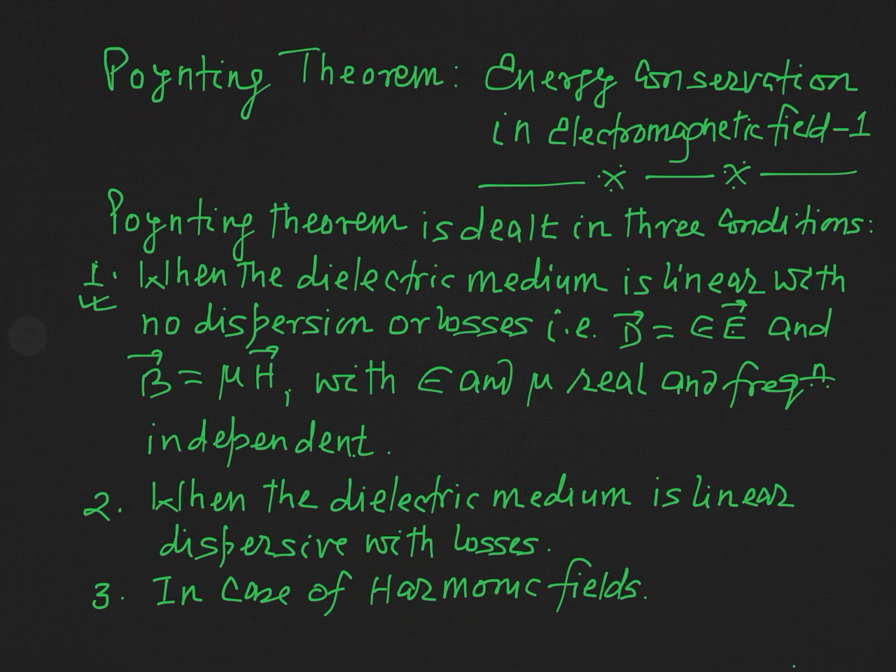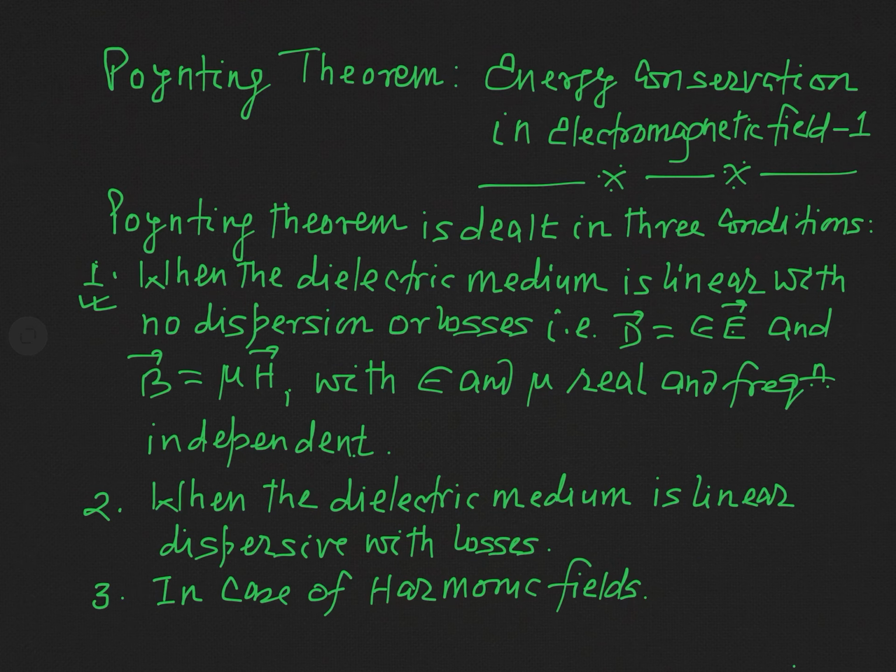You know D equal to epsilon E, where D is electric displacement, E is electric field, and epsilon is the permittivity of the medium. And at the same time, the magnetic induction B is equal to mu H, where H is the magnetic intensity and mu is permeability of the dielectric medium.